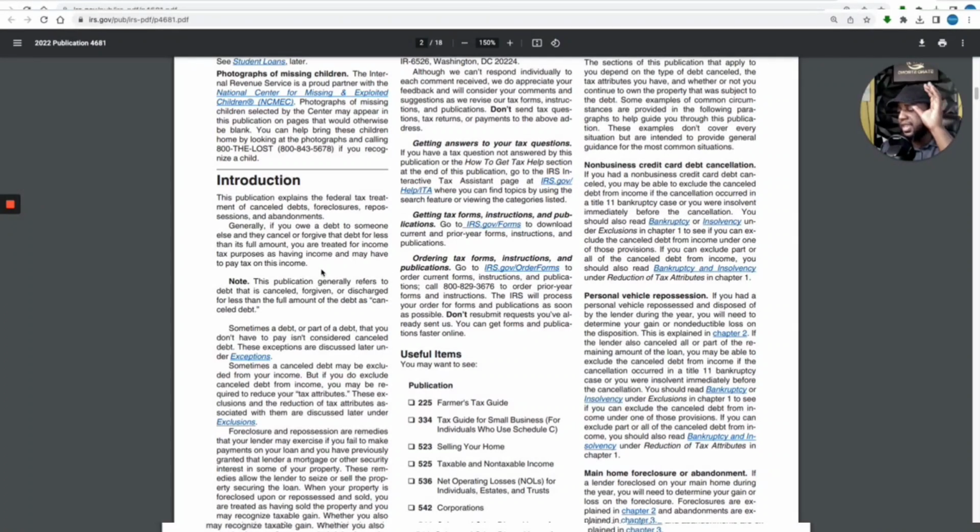So if they cancel a debt and they've charged things off, we need to know as consumers, because we may have a tax issue that we need to address because it's no longer debt, it's income. So that's why it's inaccurate for them to be reporting it on our credit report, because they're reporting it as a debt when it's actually income. Income doesn't go on the credit report.